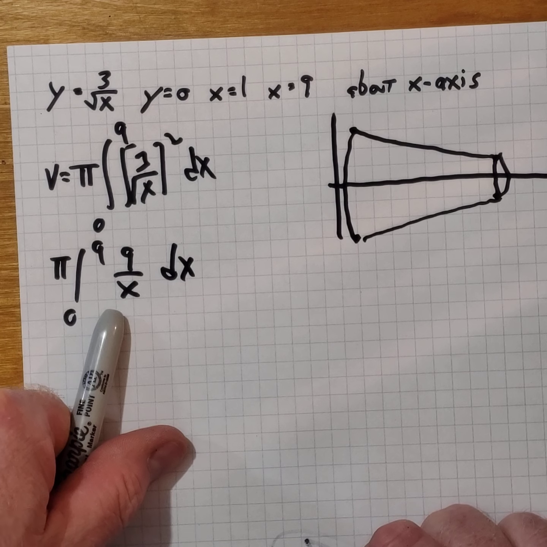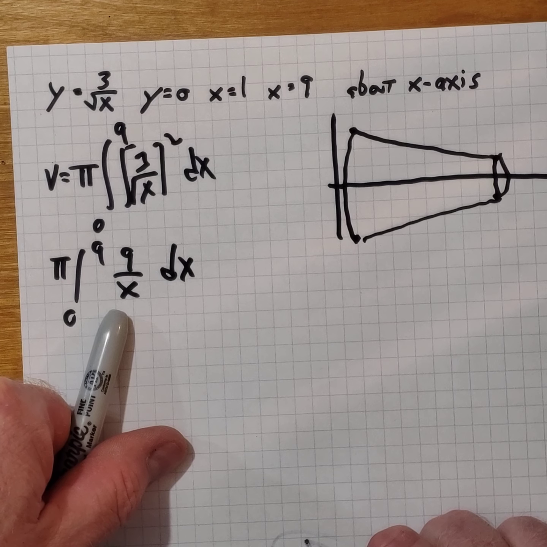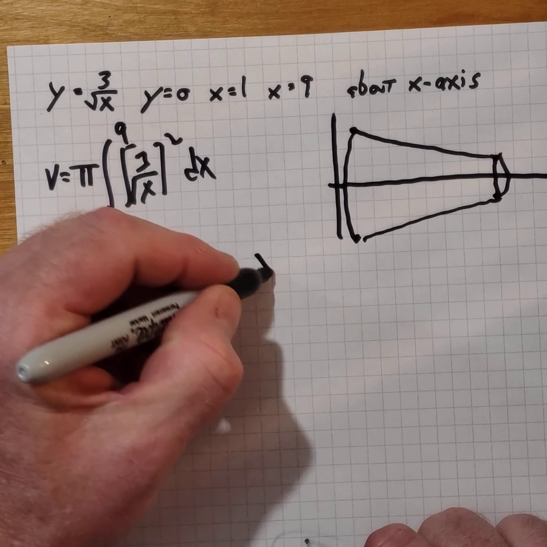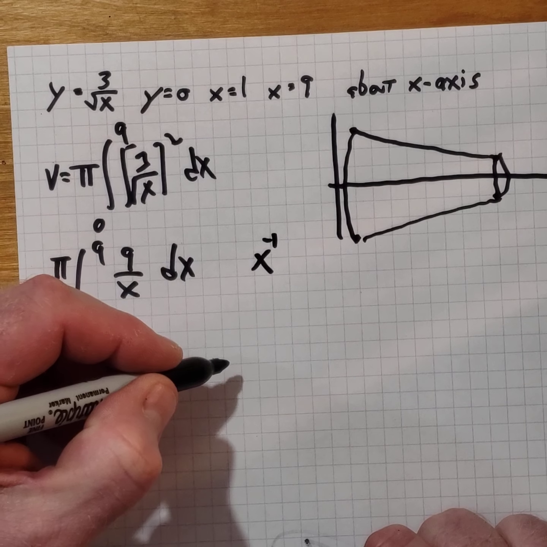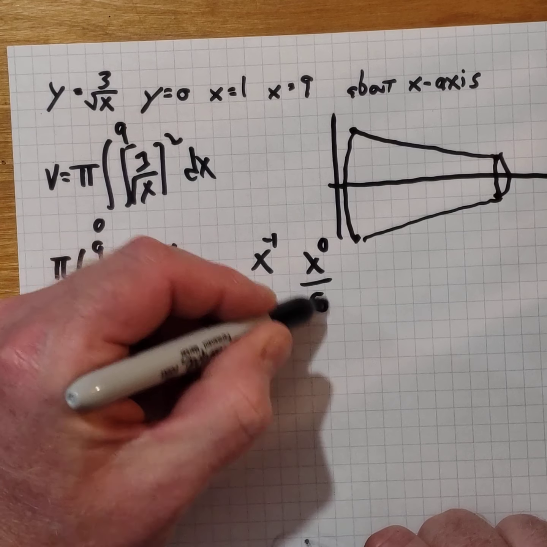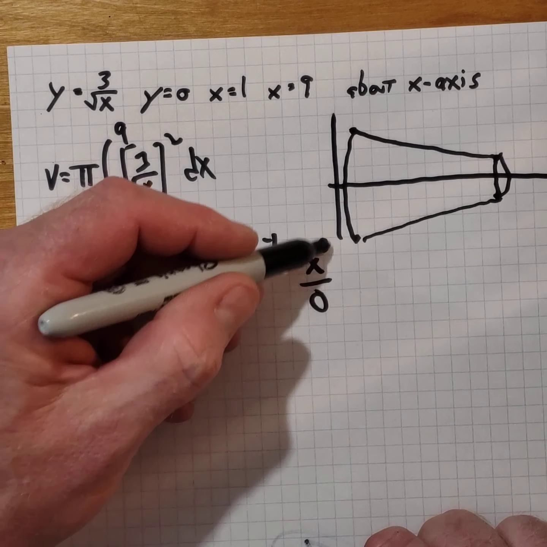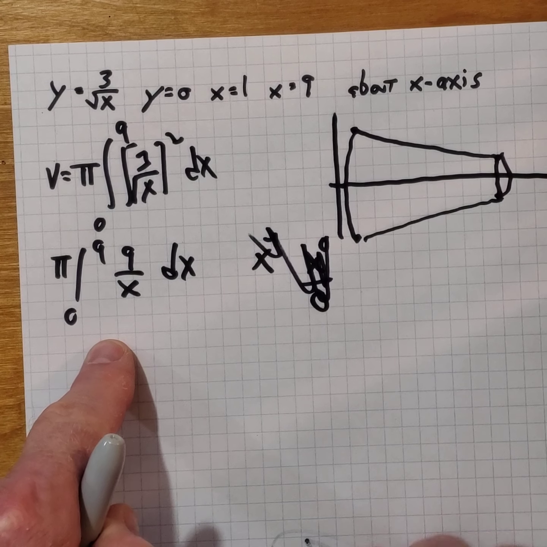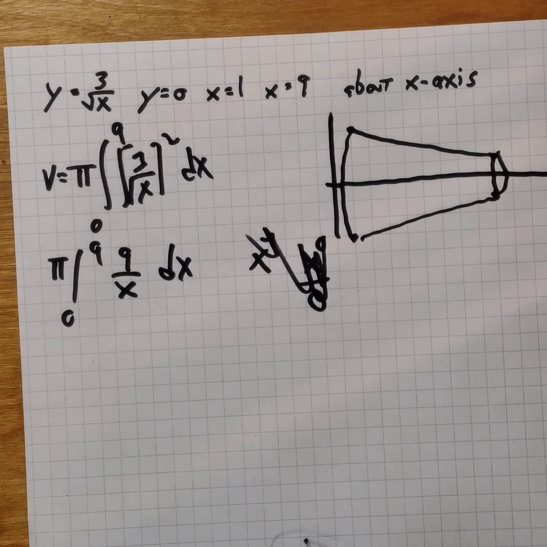This is another one we can't do, right? This is x to the negative 1 power. If we were trying to do the integral of x to the negative 1 power, we'd increase the power by 1 and then divide by the new power. That's not going to work. So this is going to be another one we just have to pop into the calculator.